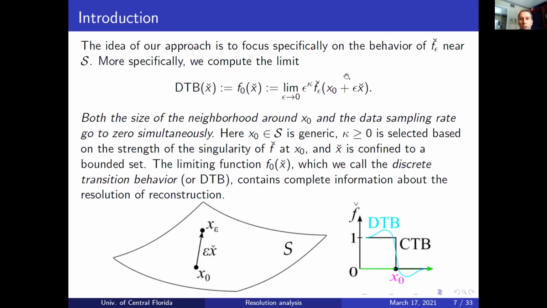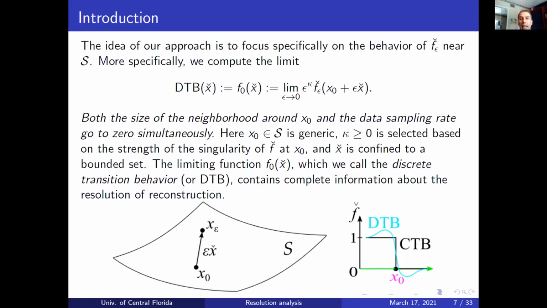Let's talk about the main idea. S here is the singular support of a function. We pick a generic point x naught on S, and we consider an epsilon size neighborhood of the point x naught. Then we dilate this neighborhood by a factor 1 over epsilon, so that in terms of the dilated variable, check x, it becomes a finite size neighborhood.